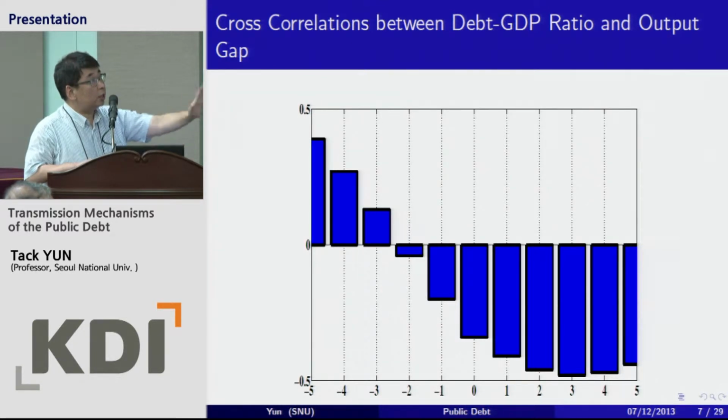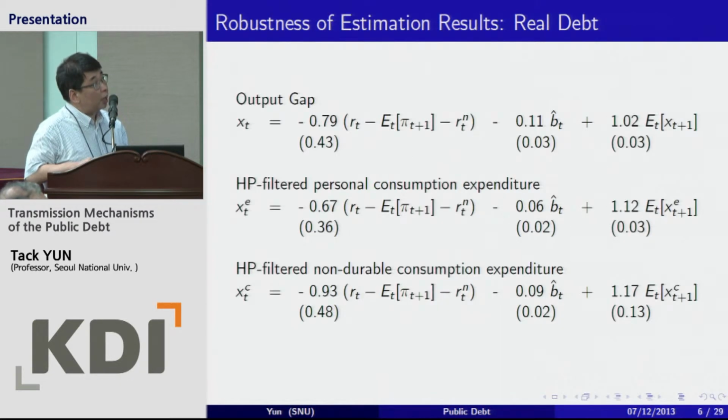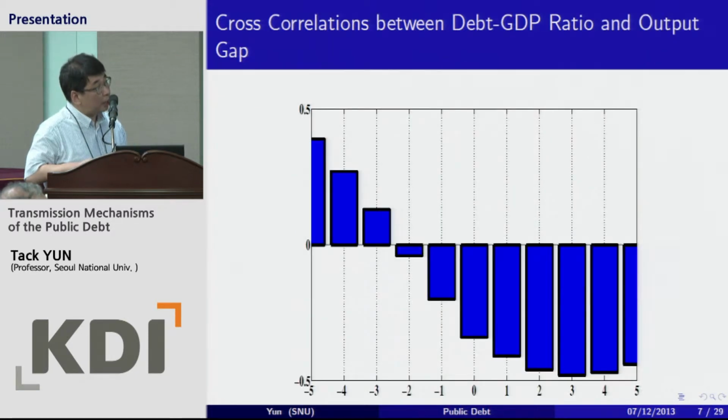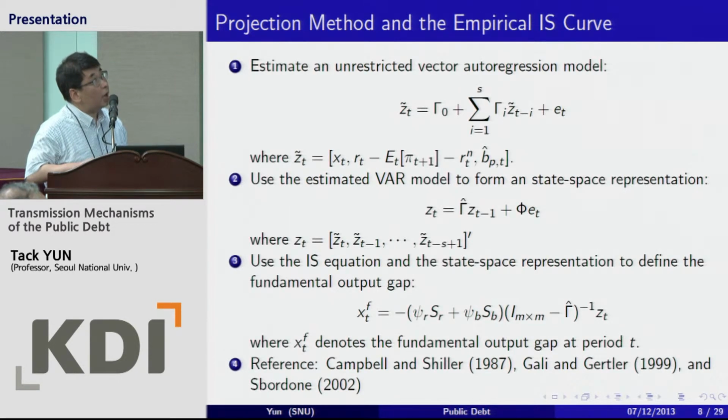Here we can see the cross correlation between the current GDP and debt ratio is negative, but the other side is just positive. So this cross correlation tells us that the negative correlation might come from the IS relation.